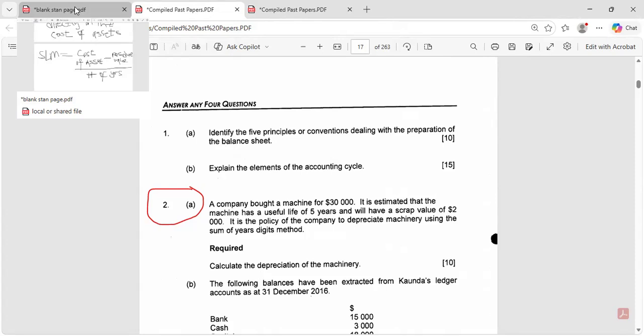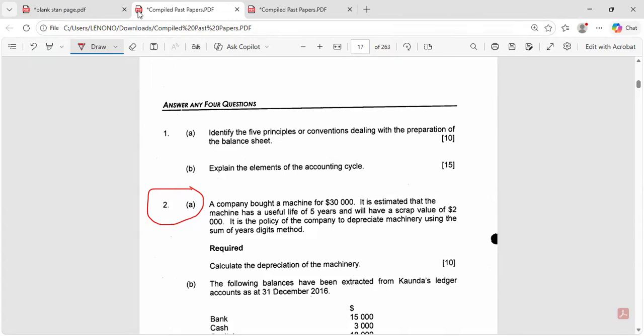Then the 2,000 is the residual value. So if you are to use the straight line method, what will be the formula?